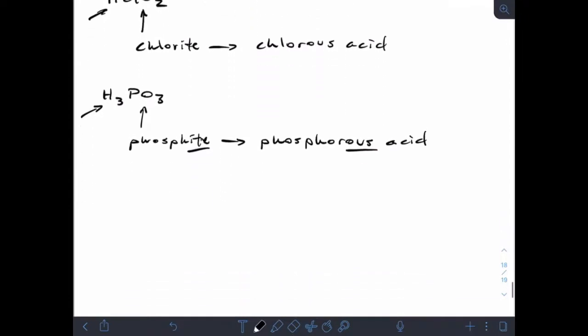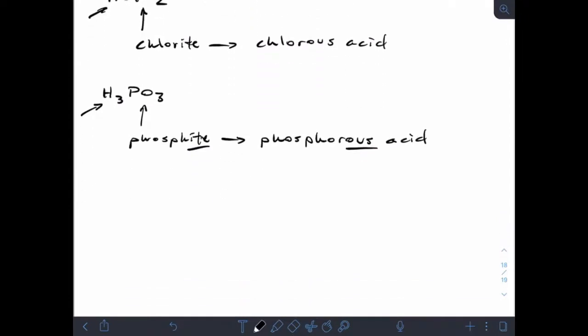Let's take a look at another one that's a little different. So if I have HClO, which happens to be a main ingredient in bleach. ClO is hypochlorite. We have a leading hydrogen that tells us it's an acid.